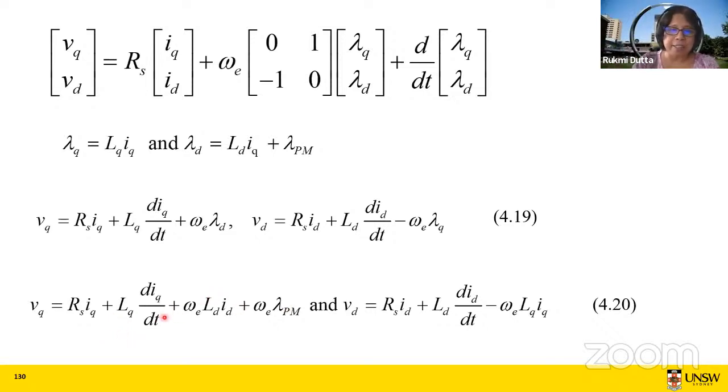So this equation is very similar to the DC motor equation. Those who are familiar with control theory probably know how to design controllers for an RL load. You also know how to design controllers for a DC motor.